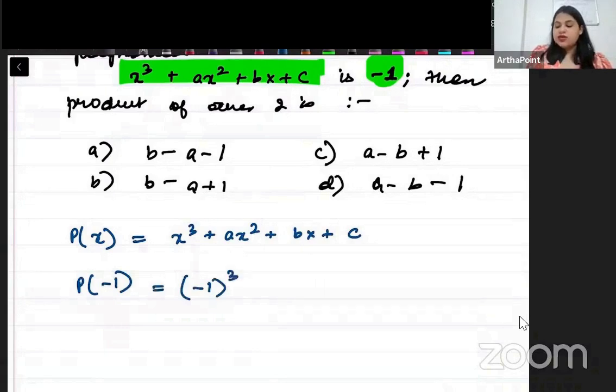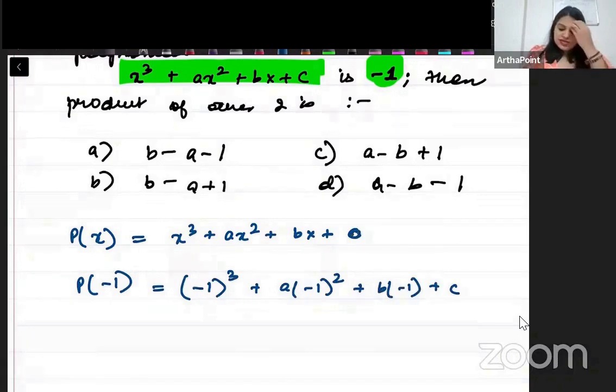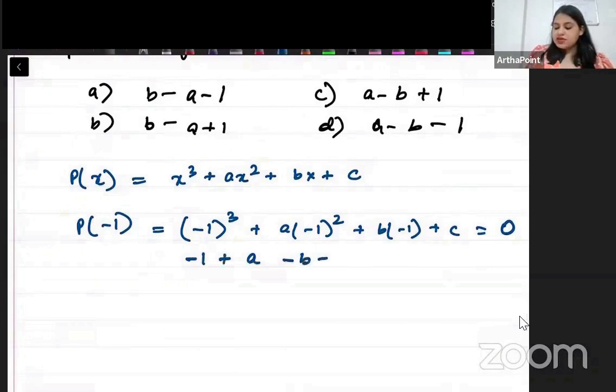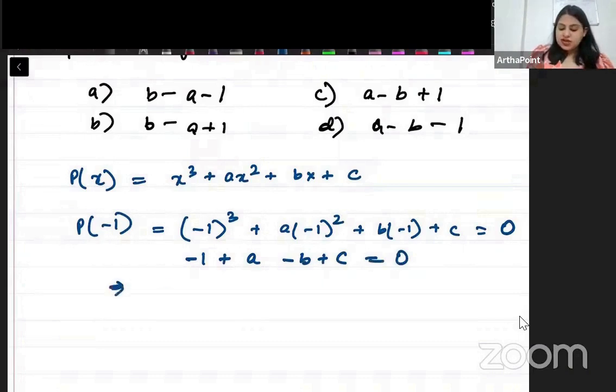So minus 1 cube plus a times minus 1 square plus b times minus 1 plus c should give me 0. This means that minus 1 plus a minus b plus c should be 0. So this means, beta, that c will be nothing but 1 minus a plus b.